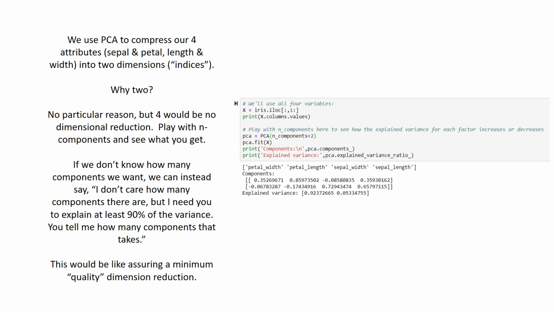So we could use PCA to investigate how these four different things hang together: petal width, petal length, sepal width, and sepal length. How do these four input variables compress into two different dimensions, right? Petal width and petal length are strongly correlated, and they might form, like, petal size would be maybe that axis.